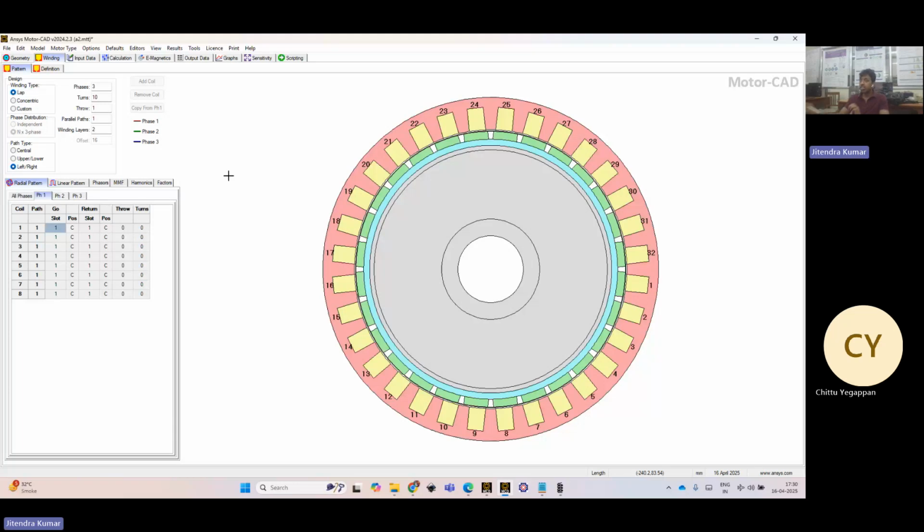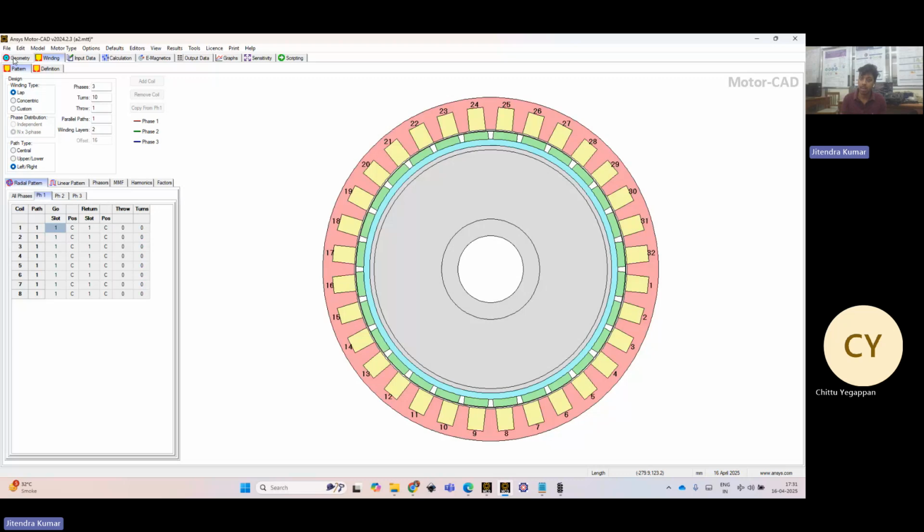That is why you saw this message: slot per pole per phase is not an integer. That is fine, that is not an issue. There are certain other combinations that are not integer, and despite that, they are able to be connected.